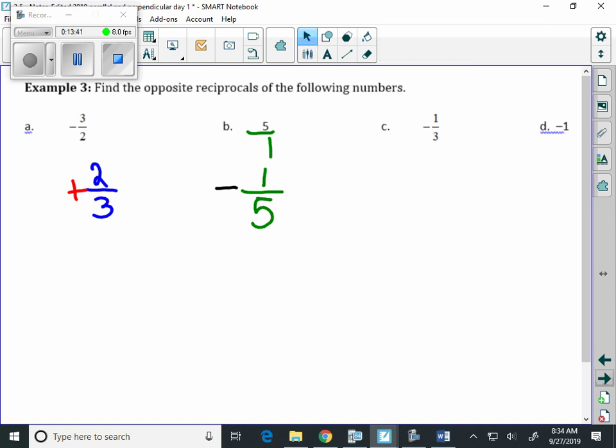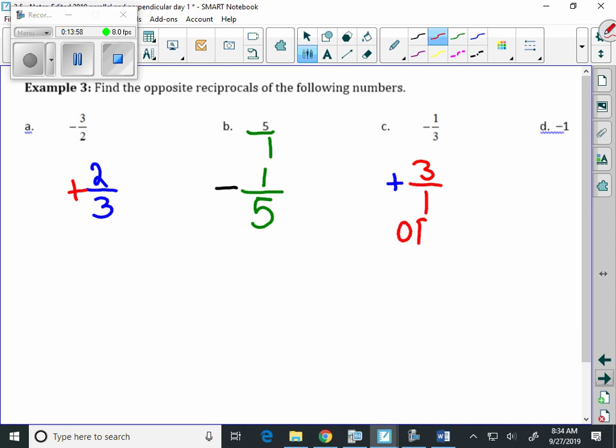Letter C, negative 1/3. Well, let's just deal with the fraction here for a minute. The reciprocal, we flip it. 1/3 becomes 3/1. And then we change the sign again. No, you don't have to write the plus. If you prefer, the answer is just 3. 3/1 is 3.